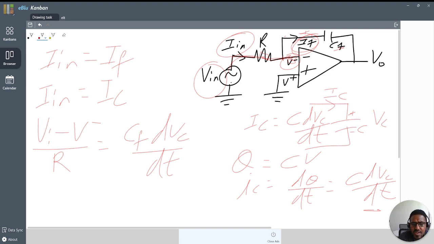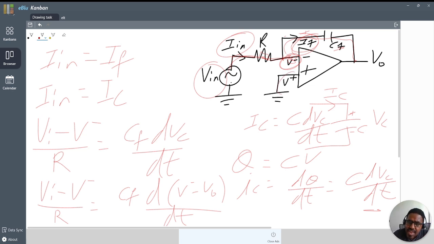So dVc is from the inverting terminal through this capacitor to V out. This means V in minus V inverting over R equals C F times d of V inverting minus V out over dt.